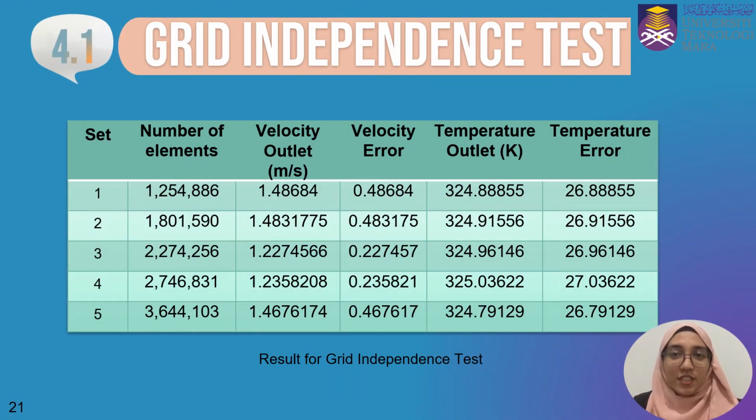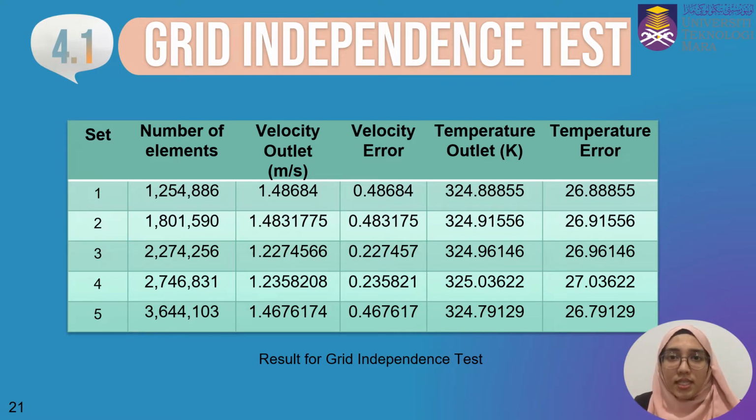Firstly, for this section, let's recap on the geometry meshing. The slide shows how the geometry was divided into many small elements. A finer mesh will affect the accuracy, the simulation speed, and the convergence of computation. So, this grid independent test is the process to find the optimum grid with suitable computing time.